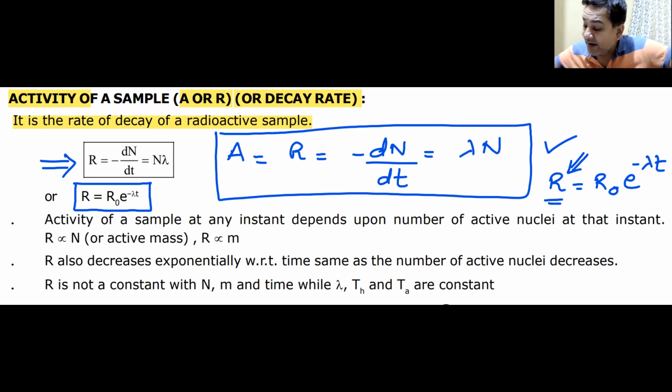This formula is exactly same as N equals N naught e to the power minus lambda t. In this formula, what does N stand for? Number of active nuclei at this time. Well done. Then what does R stand for here?